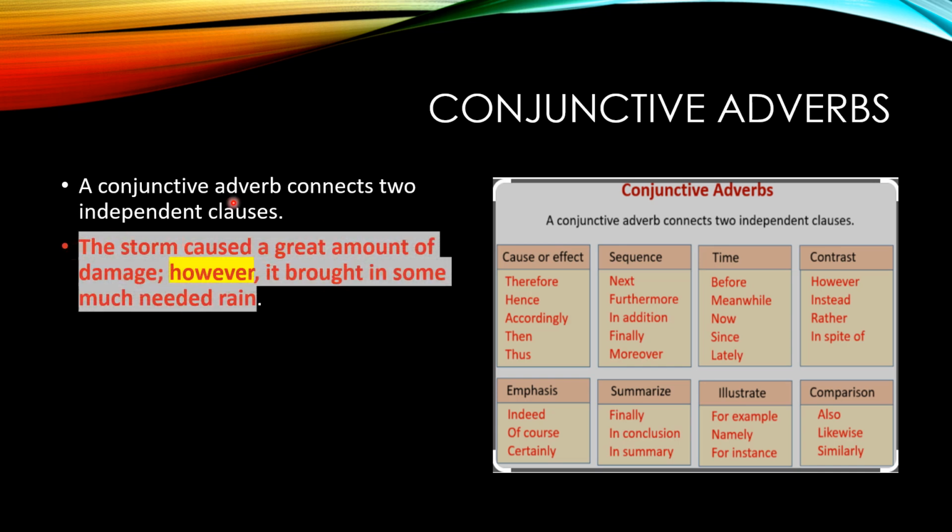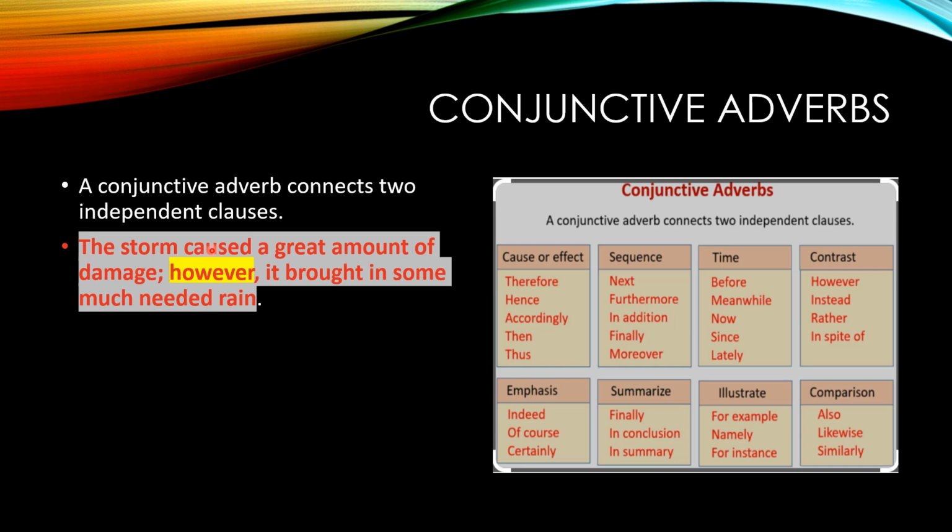Let's talk about this example. Here are some words that can be treated as conjunctive adverbs. So you can just go through it. You will get to know it in a better way. So let me explain this example. The storm caused a great amount of damage. However, it brought in some much needed rain. So now you can see there are two sentences.